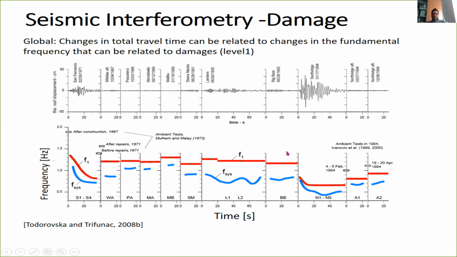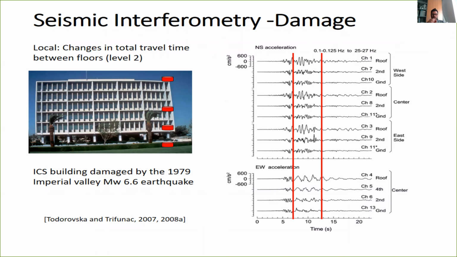Then, during the Northridge earthquake, when the shaking was again large, at the beginning there is already a decrease of the frequency, and a large decrease, and the frequency is not recovered anymore because the building had been damaged again. So already by looking at the changes in the frequency of the structure, we can have some information about possible damage to the structure itself.